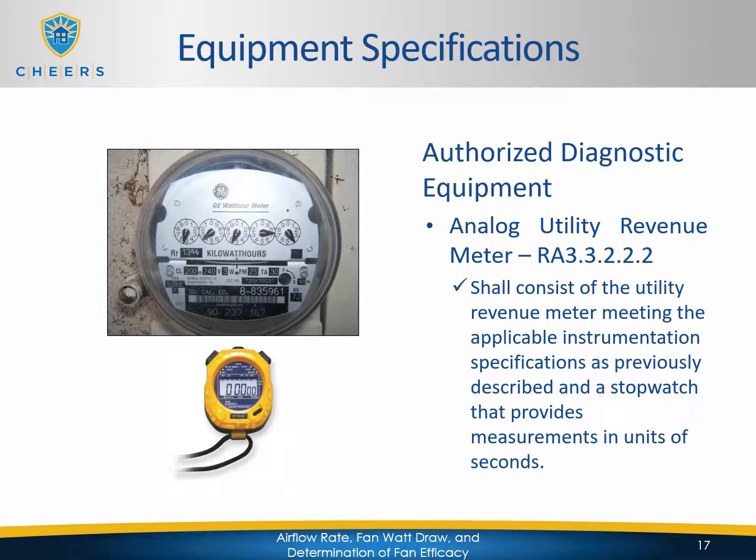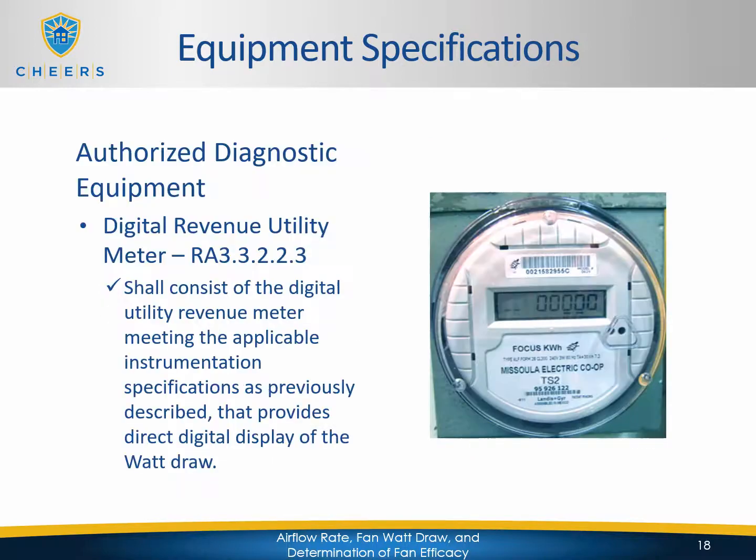The analog utility revenue meter shall consist of a utility revenue meter meeting the applicable instrumentation specification as previously described and a stopwatch that provides measurements in units of seconds. And you'll see what you need the stopwatch for once we actually get to the procedure. The digital utility revenue meter shall consist of a digital utility revenue meter meeting the applicable instrumentation specifications as previously described that provides direct digital display of the watt draw.